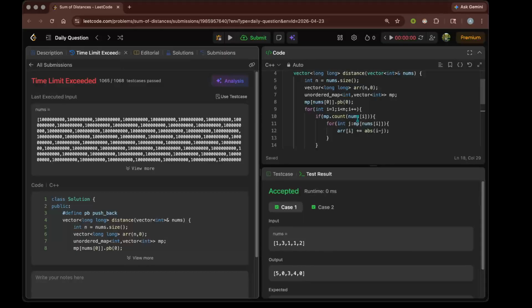But for the next index, it would be 11 because, see, 11 for all this stuff: 2 plus 3 plus 4 plus 5.